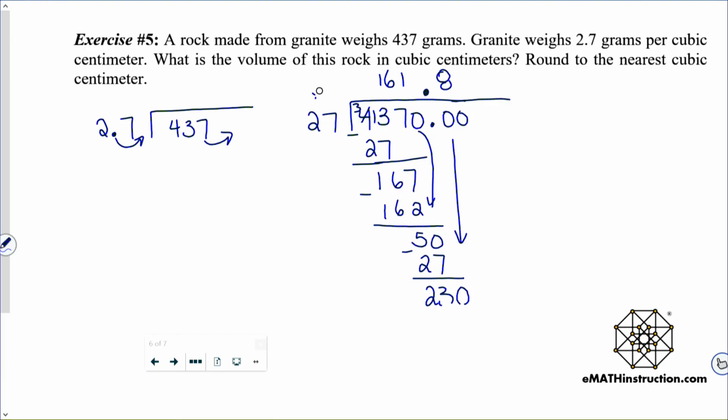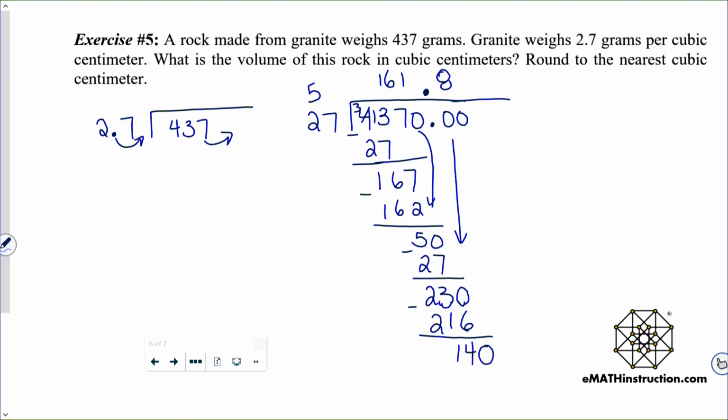It's got to be our winner, correct? 8 times 7 is 56. 8 times 2 is 16, plus another 5 is 21. There's my winner. 230 minus 216 is 14.